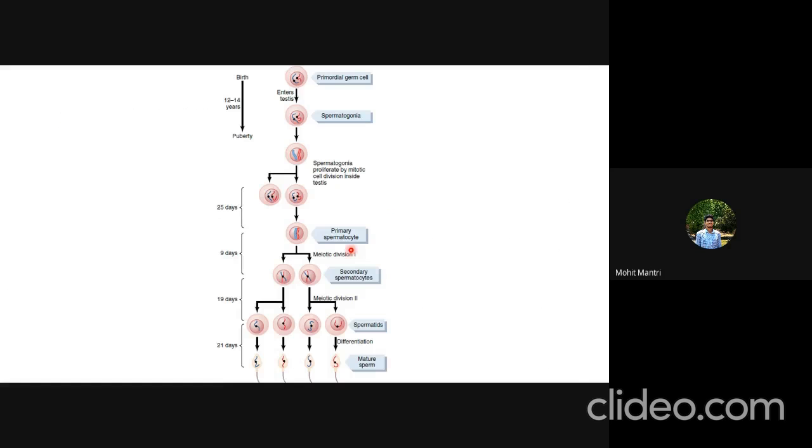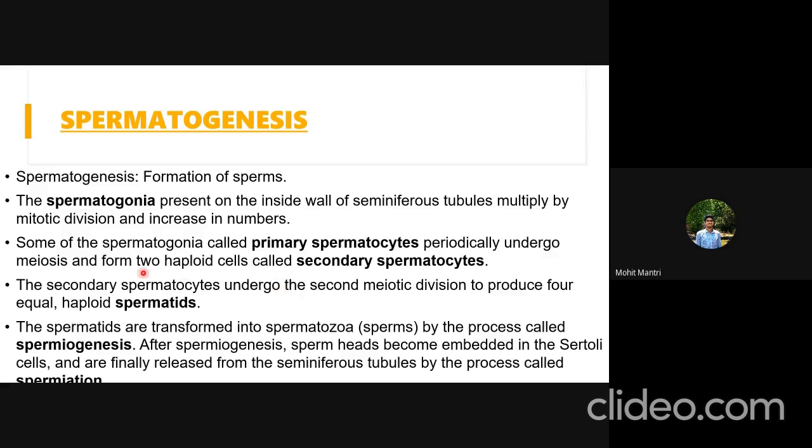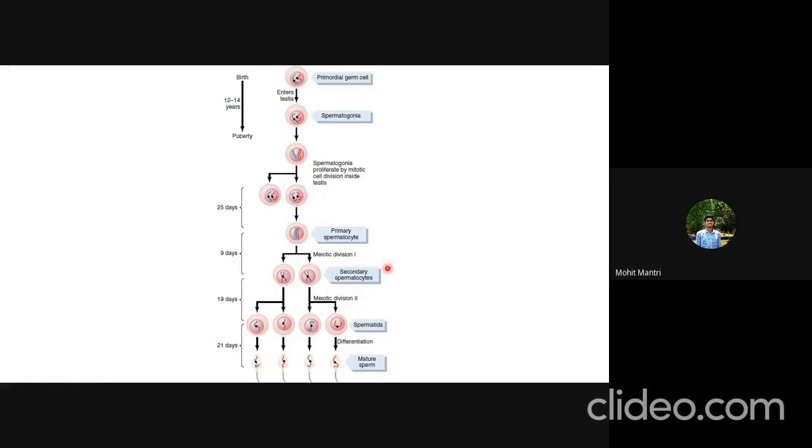These primary spermatocytes will undergo meiosis. After puberty, the first meiotic division takes place, which develops into two secondary spermatocytes, which are haploid in nature and equal in size. Then these secondary spermatocytes undergo the second meiotic division, meiosis 2, to produce four equal haploid spermatids.